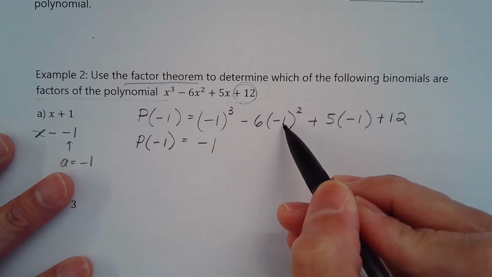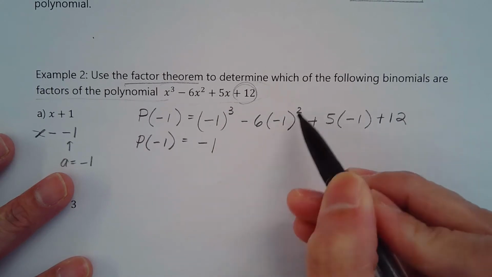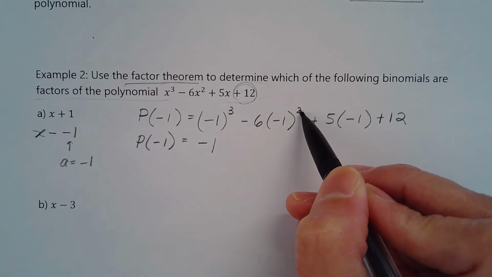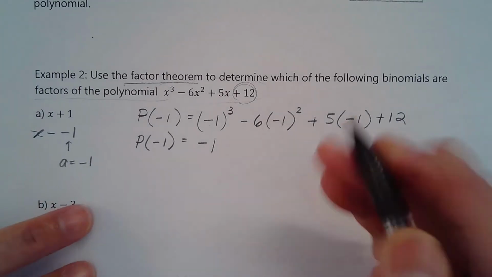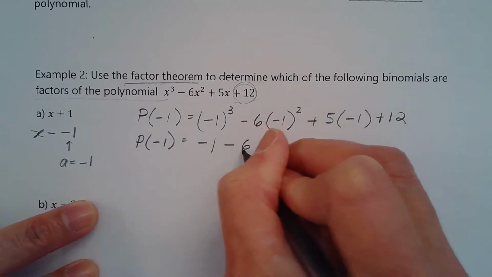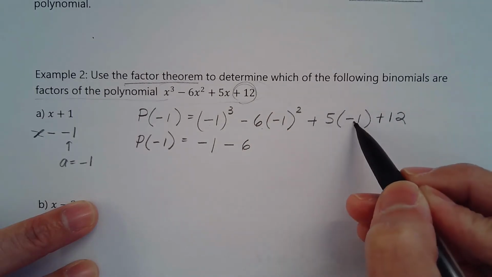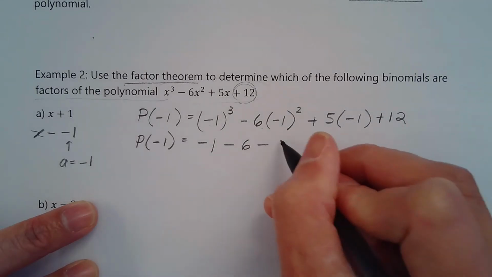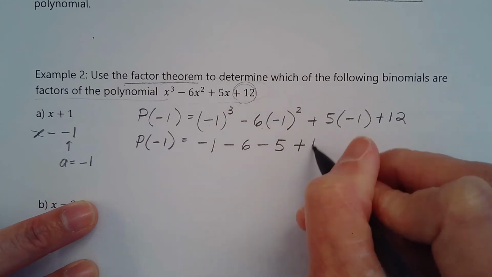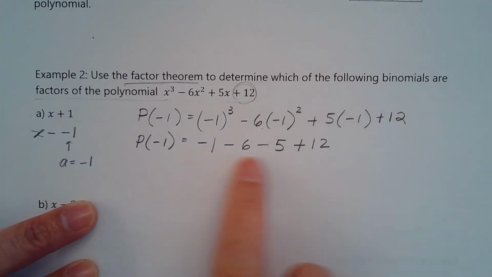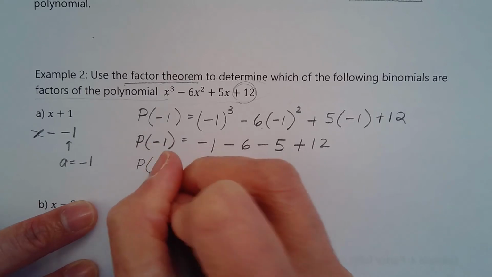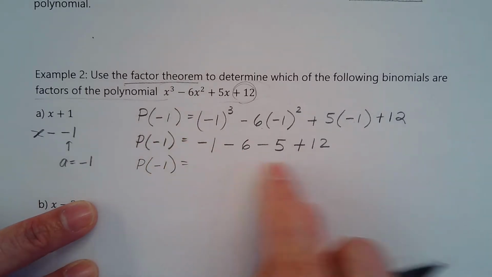Order of operations, exponents first. So negative 1 squared is positive 1, times negative 6 is negative 6. 5 times negative 1 is minus 5, plus 12. And then we add them up. So p of negative 1 is 0.